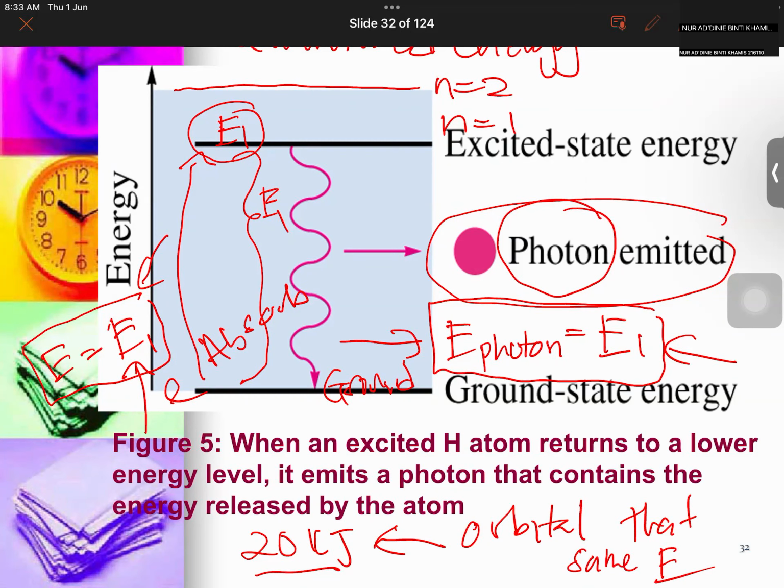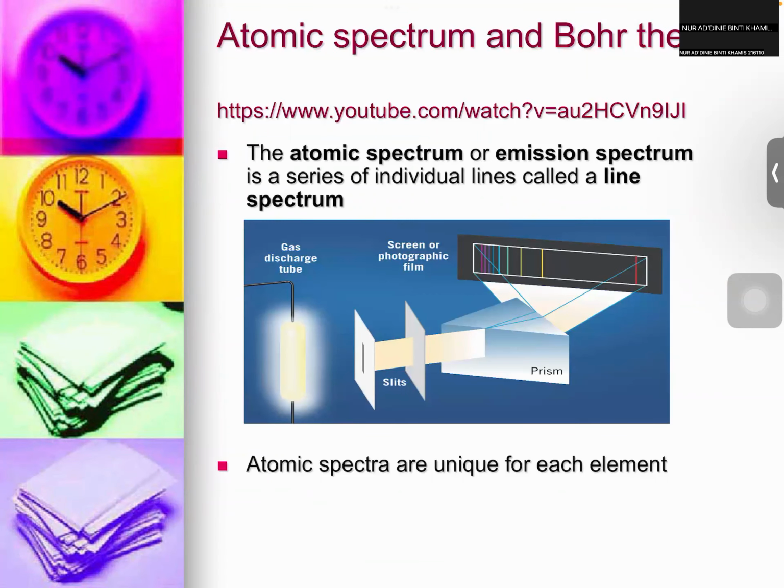So that is quantization of energy. It is fixed. The photon being released has a specific amount of energy. So this is how you get this.